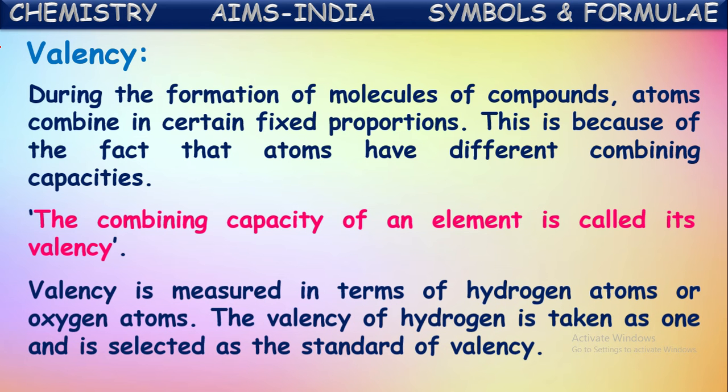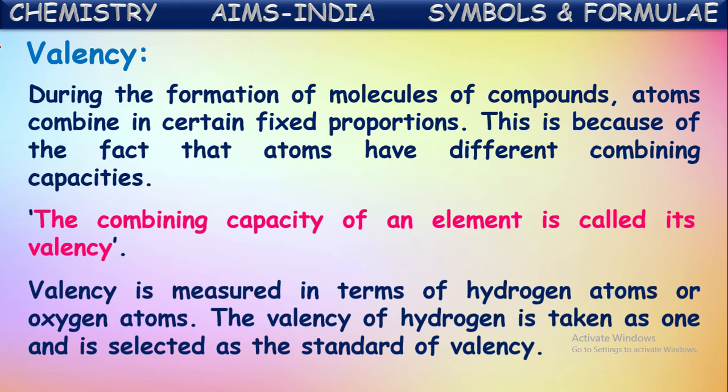Valency is measured in terms of hydrogen atoms or oxygen atoms. So the combining capacities of the different elements are compared in terms of hydrogen atoms or sometimes oxygen atoms also. The valency of hydrogen is taken as 1 and it is selected as the standard of valency.